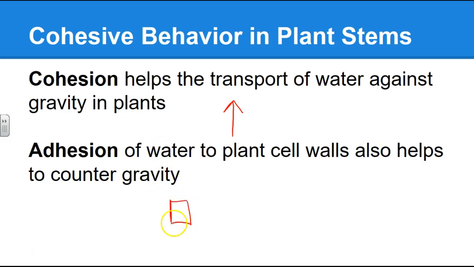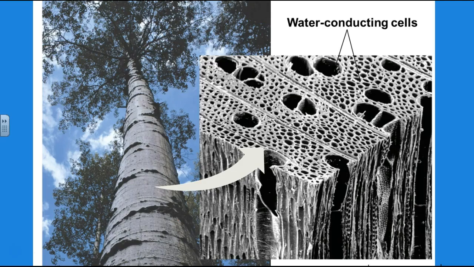So you've got your cell wall here, which makes up the stem, and the water can stick to that and again move up that stem. Here's just an example. These sieves are where water can move up through using cohesion and adhesion.